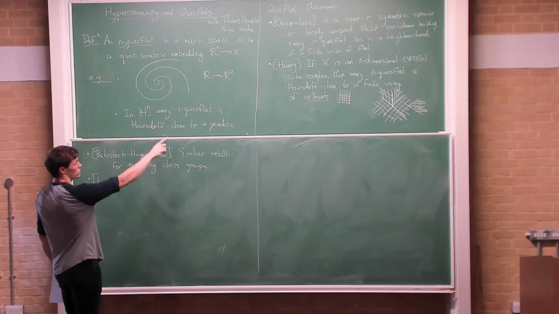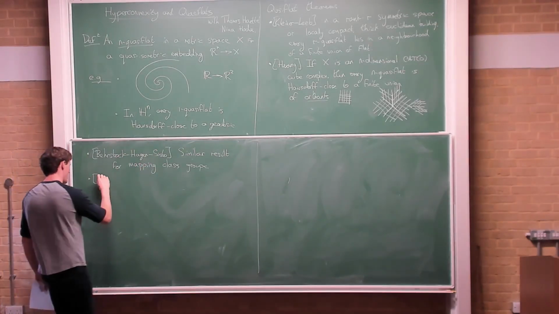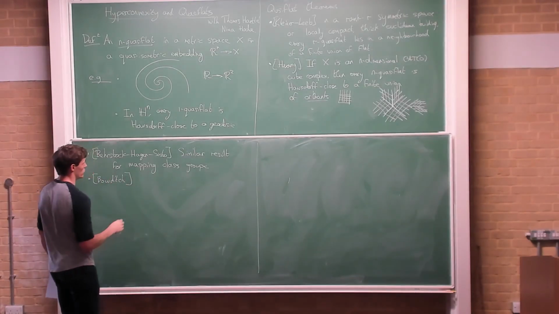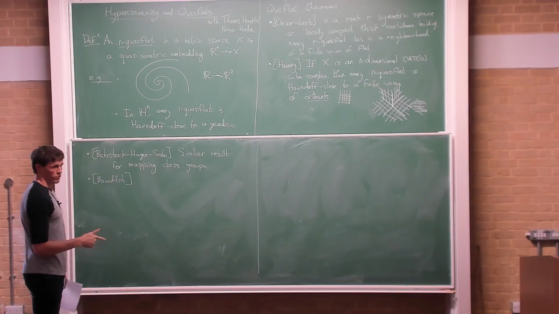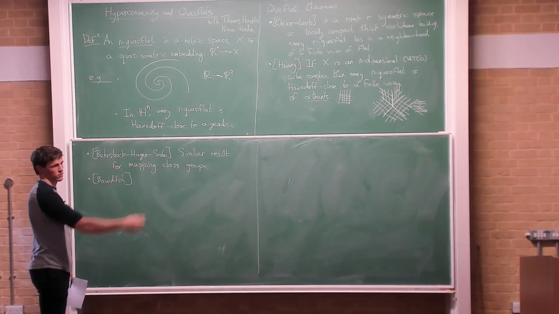These guys used Huang's result to prove this statement for mapping class groups, and then a year or two later, Brian Bowditch proved a stronger, more general result without relying on Huang's. It actually recovers Jingyin's theorem.